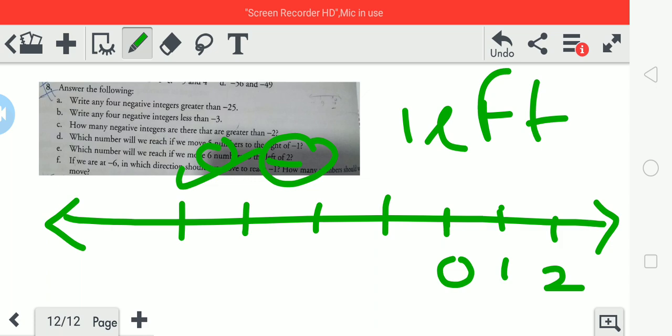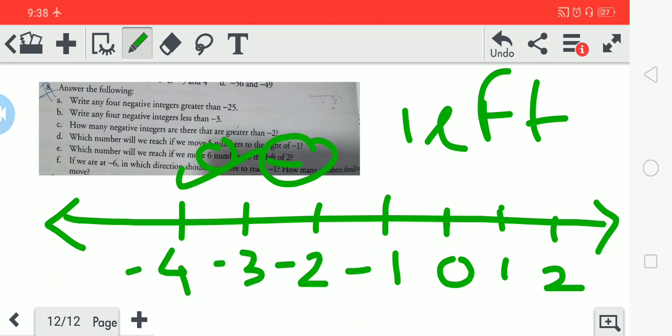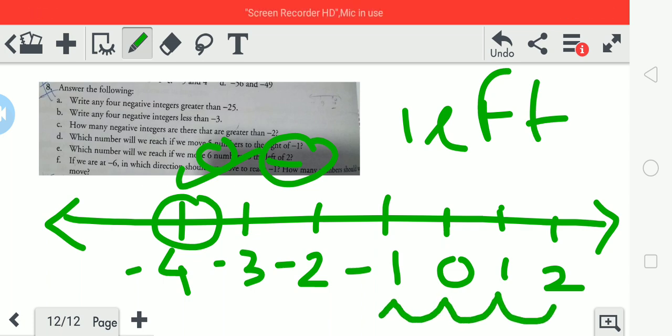Now you can number the line. We can put the numbers like minus 1, minus 2, minus 3 and minus 4. Now we are at the minus 4 position. So if I move 6 times to the left of 2, then I will reach minus 4. See, this is 1, 2, 3, 4, 5, 6.